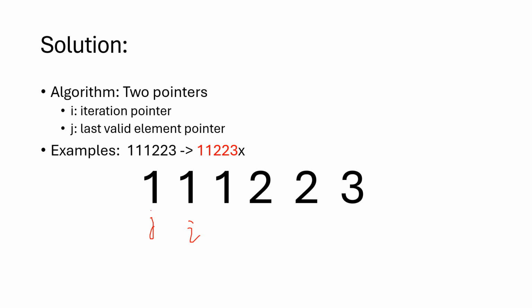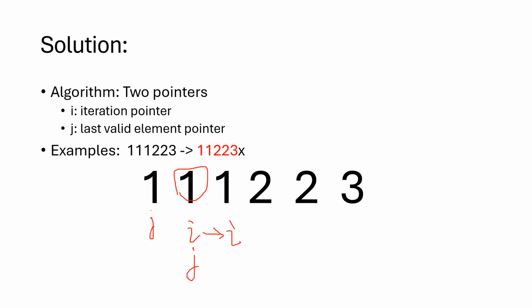This value is 1. That makes the total number of 1s equal to 2, and that's still valid. So with that, we can move J to here and then proceed I to the next element. When we see the next element here, we notice that now we have a third 1 that violates our maximum number requirement.